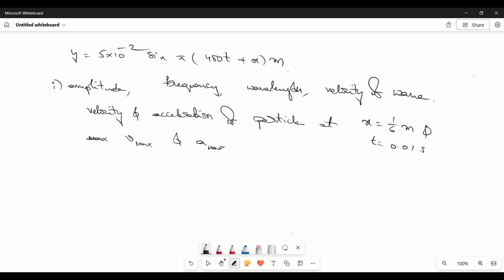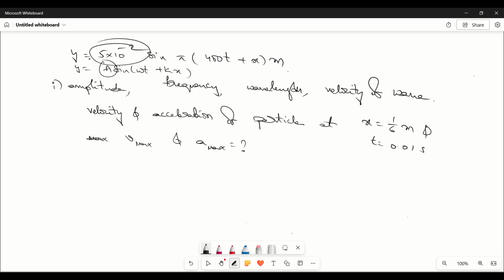Comparing this, omega equal to 400 pi, but we know that omega equal to 2 pi f. So f is equal to omega by 2 pi. So we have 400 pi by 2 pi, nothing but frequency is 200 hertz.